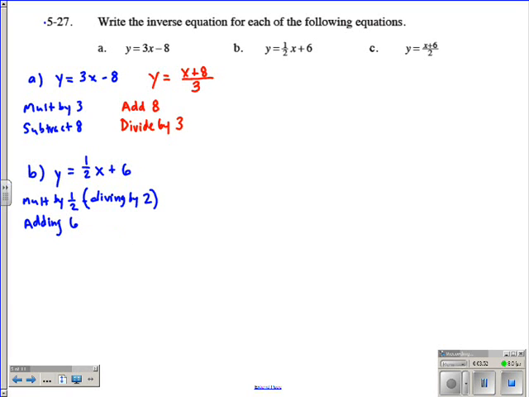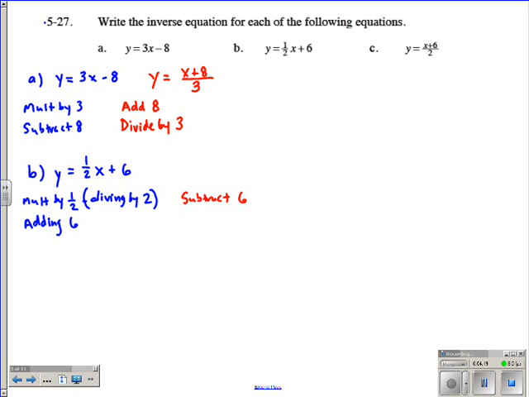So if we look to undo these and go backwards here, the first thing we would do is subtract our 6. And then you could either say you're doing the opposite of dividing by 2, or say you're going to do the opposite of multiplying by 1/2, which would be dividing by 1/2. Well, dividing by half is the same thing as multiplying by 2.